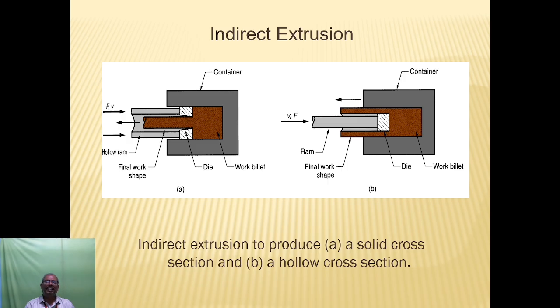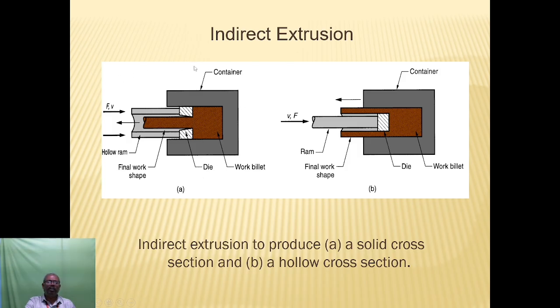Next one is indirect extrusion. In forward extrusion, the final output will flow in the direction where we apply the force. But here we apply the force in one direction and the final output will flow in the opposite direction. So this is called indirect extrusion.